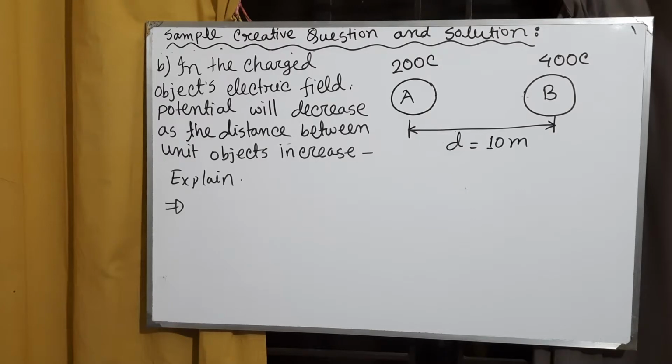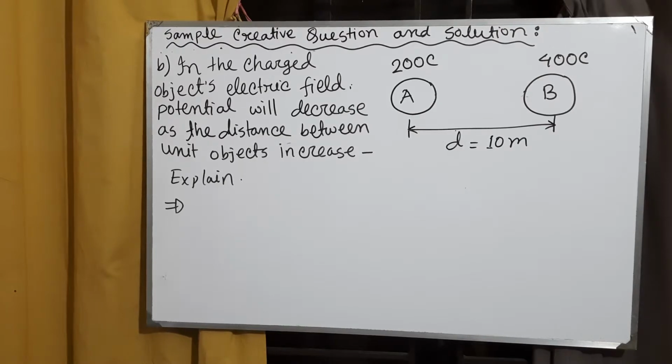My dear boys, our question B is, in a charged object's electric field, potential will decrease as the distance between unit objects increases. Explain. So the explanation is, in a charged object's electric field, potential will decrease as the distance between unit objects increases, because the relation between potential and distance is inversely proportional.